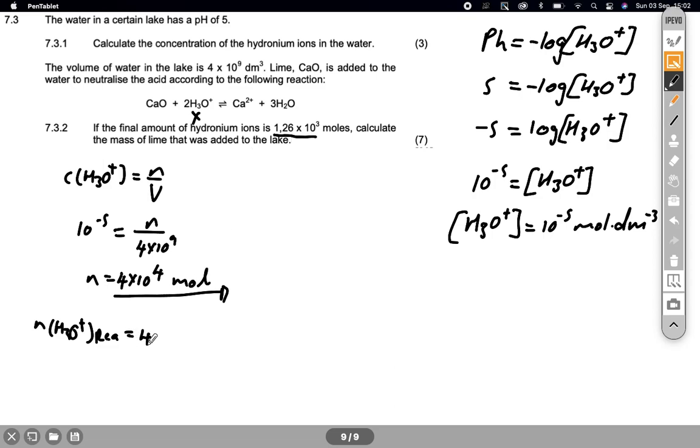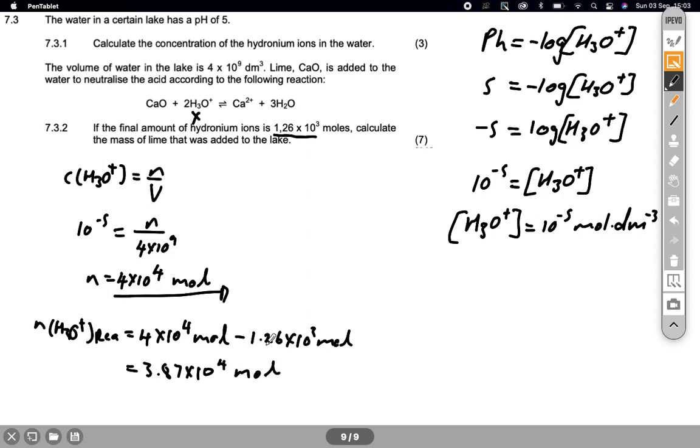So it's going to be 4 times 10 to the power 4 moles minus 1.26 times 10 to the 3 moles. And then your final answer here should be 3.87 times 10 to the power 4 moles.